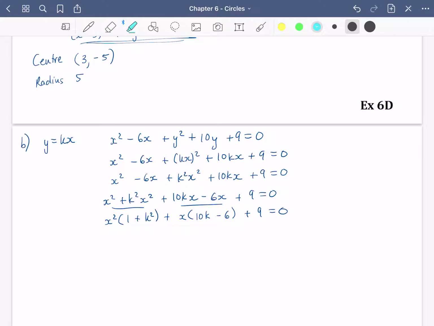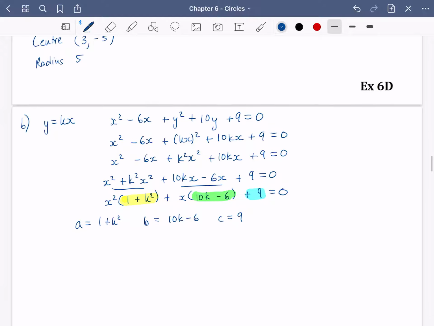This is definitely more demanding than the previous ones. So this is my coefficient of the x squared. This is my coefficient of x, and this is my constant coefficient that I've got here. So a is equal to 1 plus k squared, b is equal to 10k minus 6, and c is equal to 9.